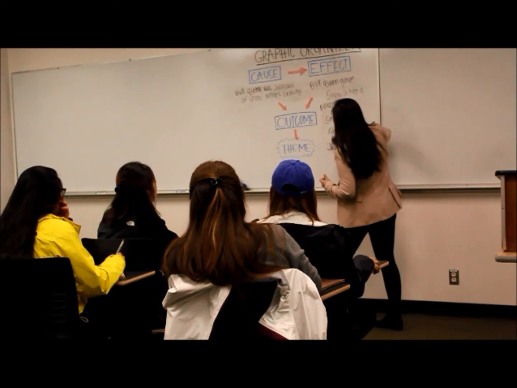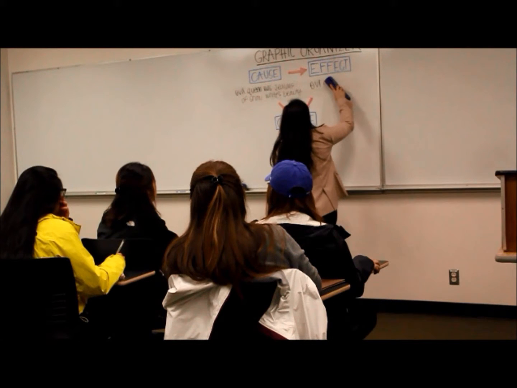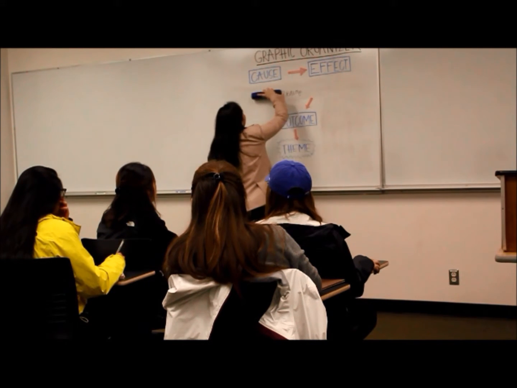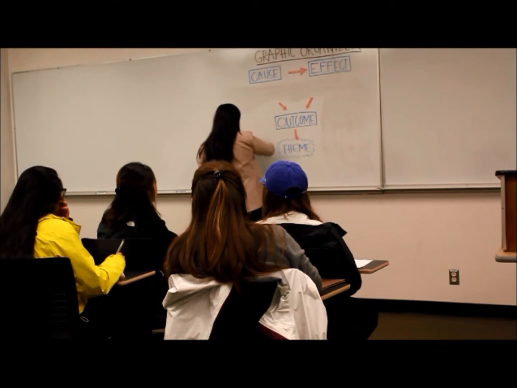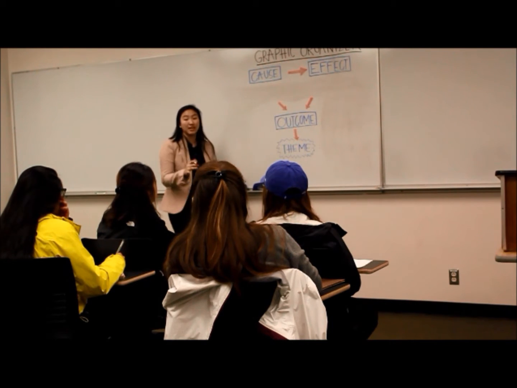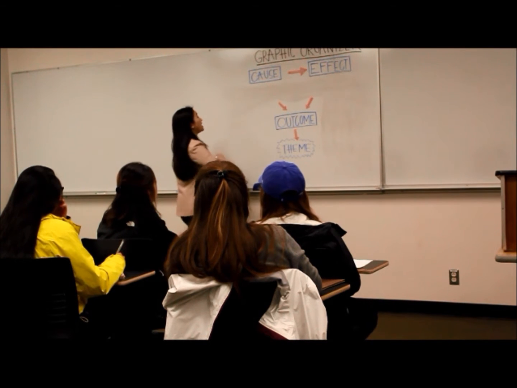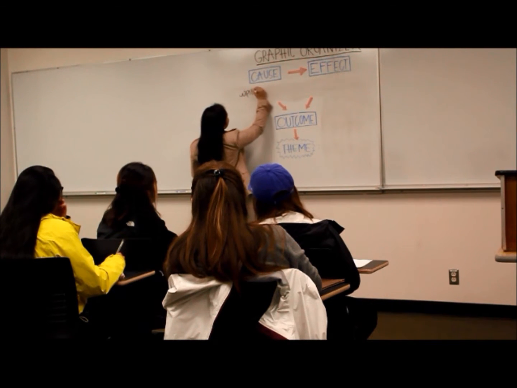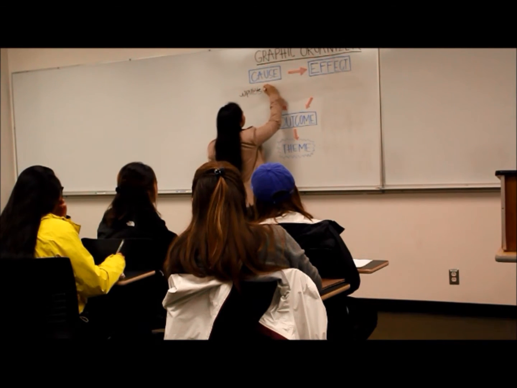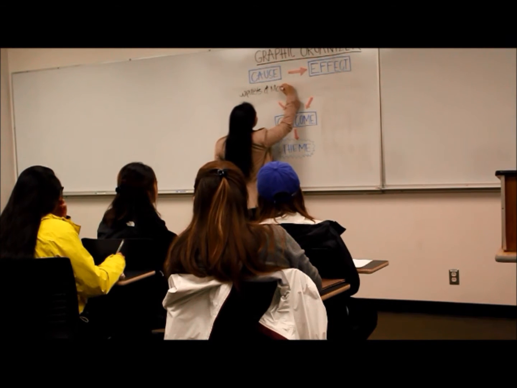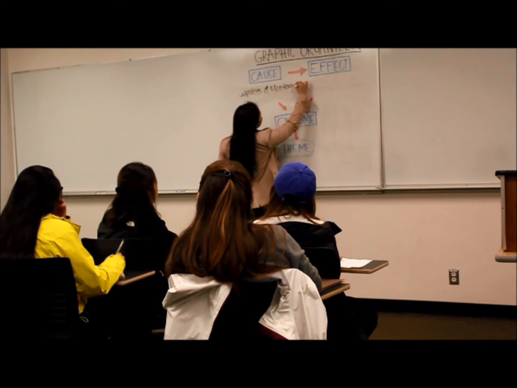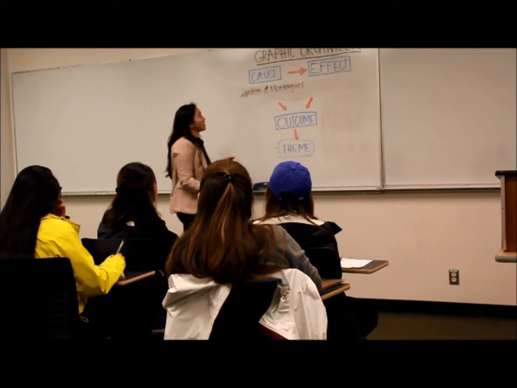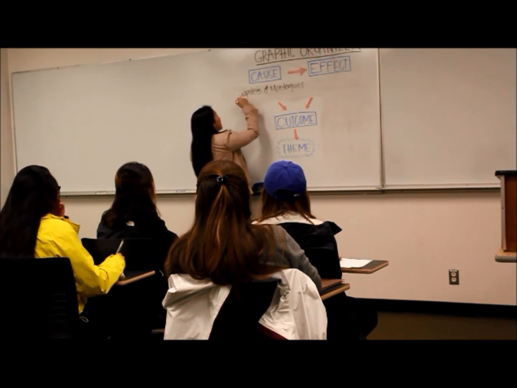Okay, now I'm going to write the cause down, and once I write it down, you guys could begin. Okay, so the cause in Romeo and Juliet was that the Capulets and Montagues were what? Enemies, rivals. Fighting. They were rivals, they were in a feud.